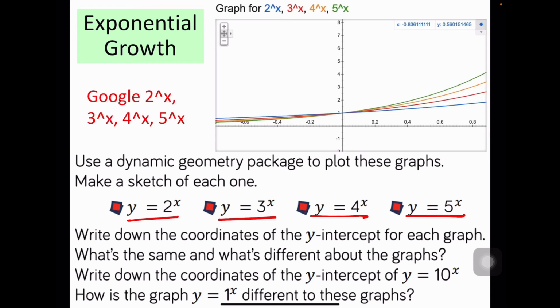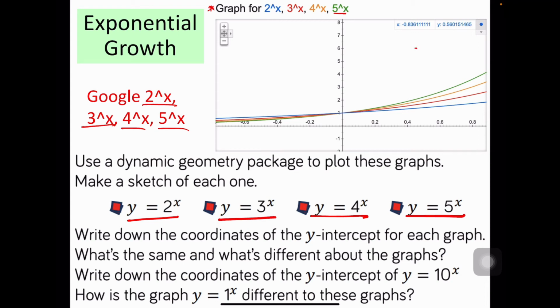So I googled 2 to the x, 3 to the x, 4 to the x, 5 to the x, and I got this graph, which is really useful because on one set of axes we can see the graph of all 4 of these equations. And as you can see, this green one here is the largest for positive x values.